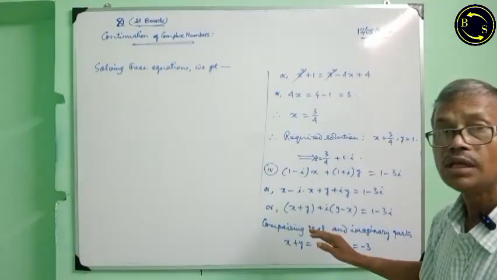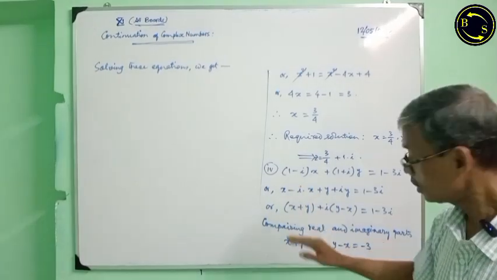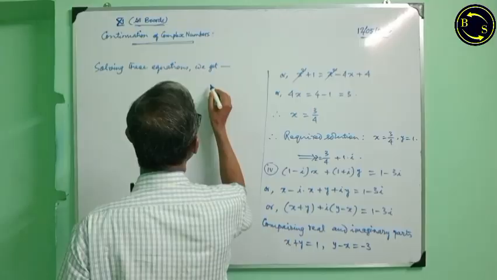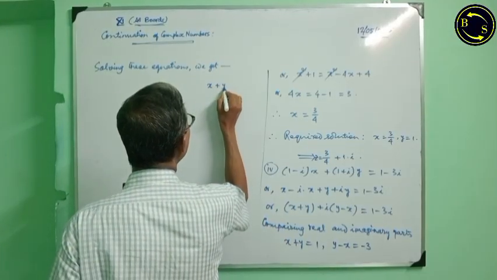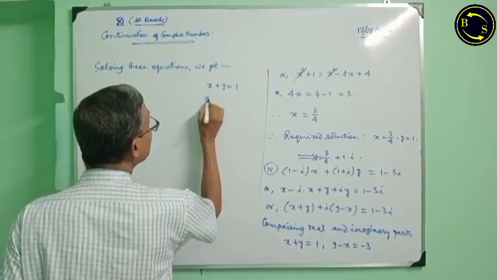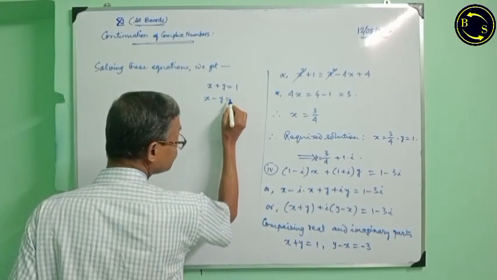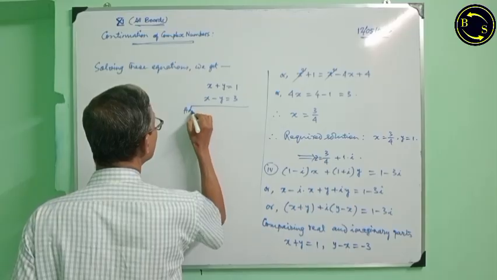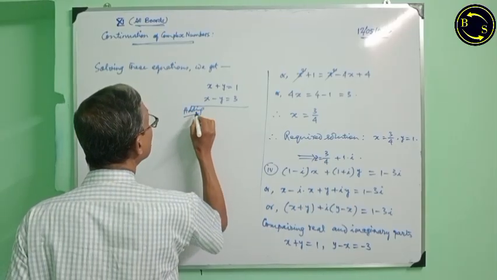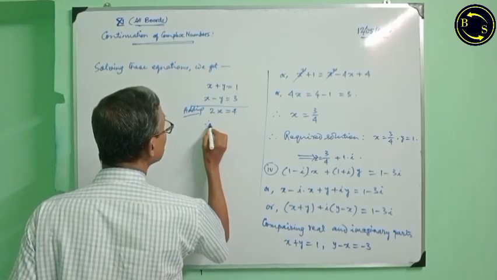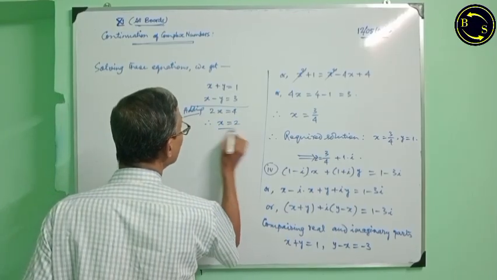Therefore, we show in the rough work the method of solving. x plus y is equal to 1, x minus y equal to 3. Adding, 2x equal to 4, therefore x equal to 2.